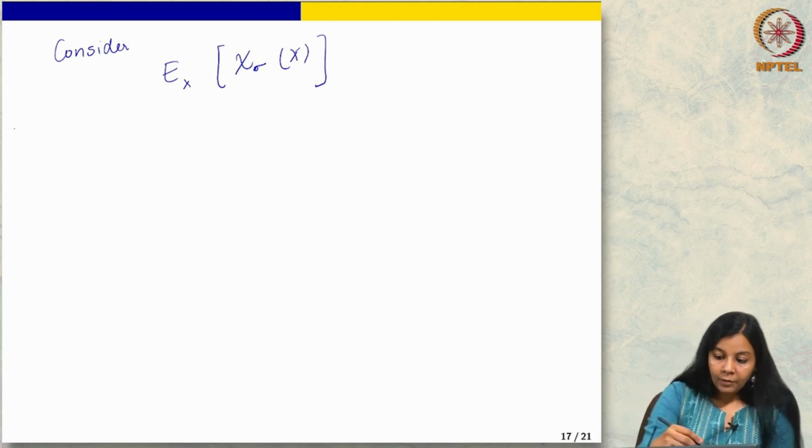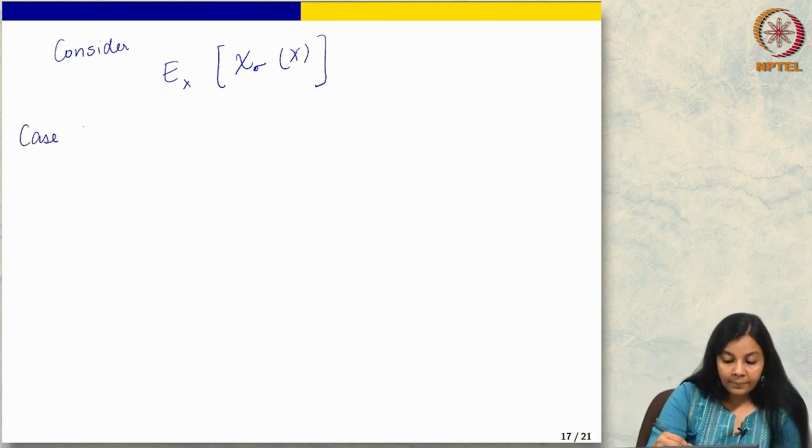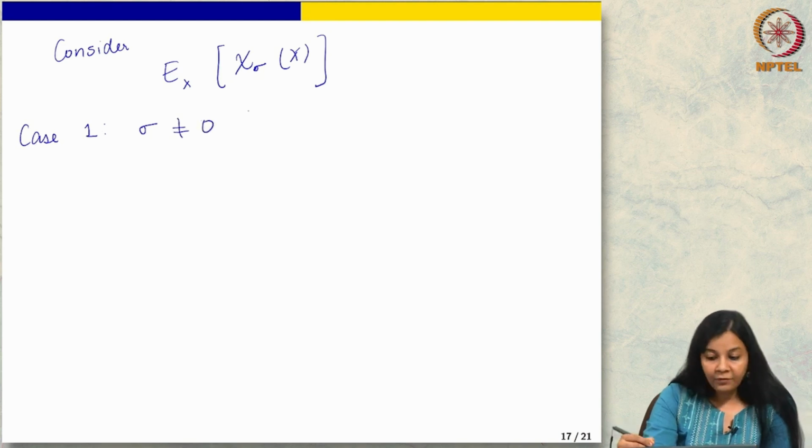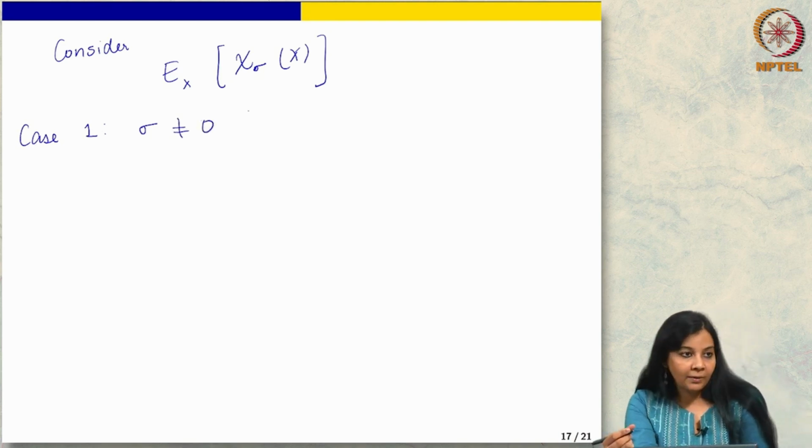Let us write this down. Case 1, sigma is not equal to 0. If sigma is 0, of course, this is very easy.